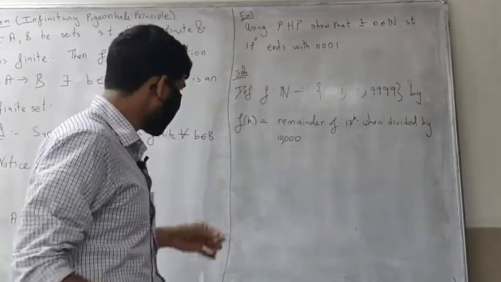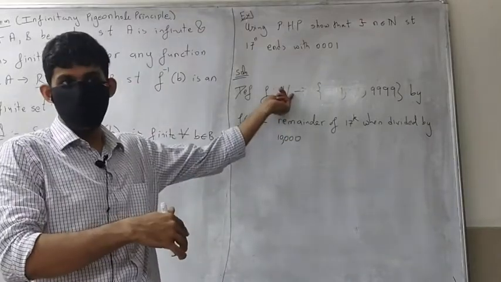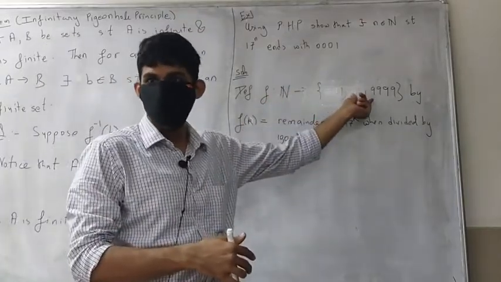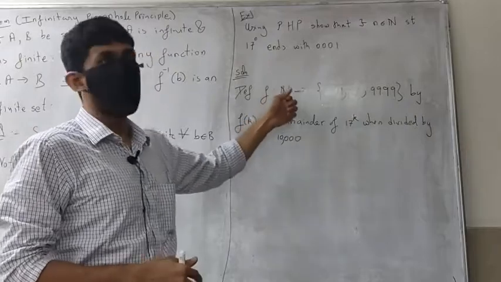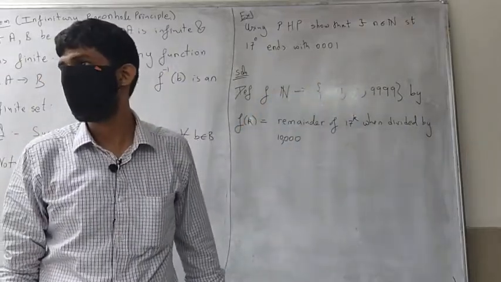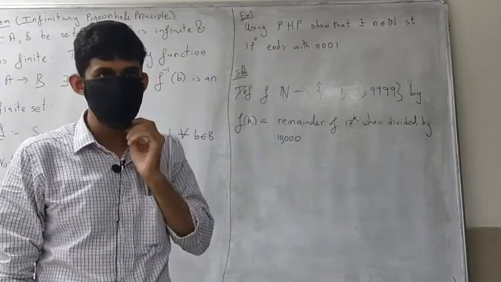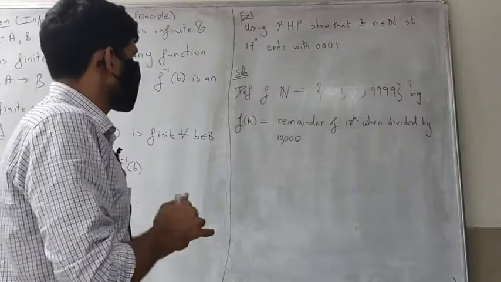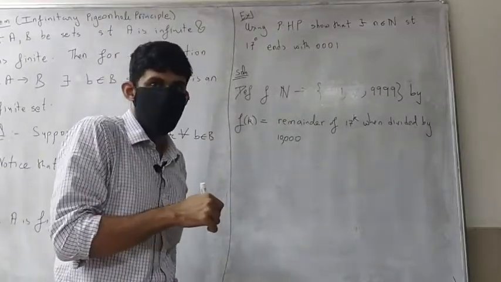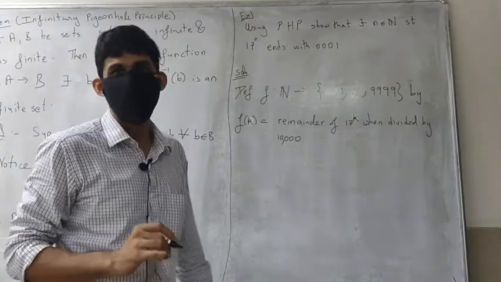Now what we know is that this is an infinite set, this is a finite set. Therefore, at least one element should have infinitely many pullbacks. Specifically, at least two should be mapped to the same element, right?